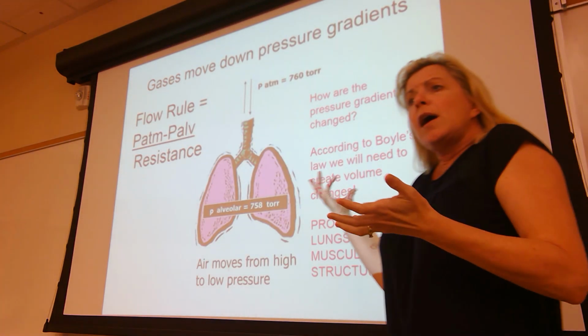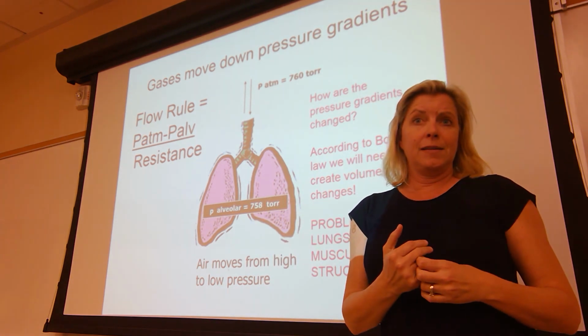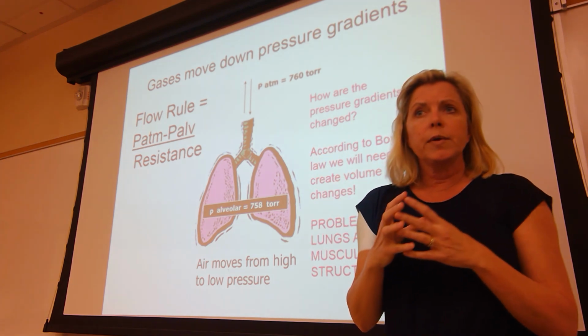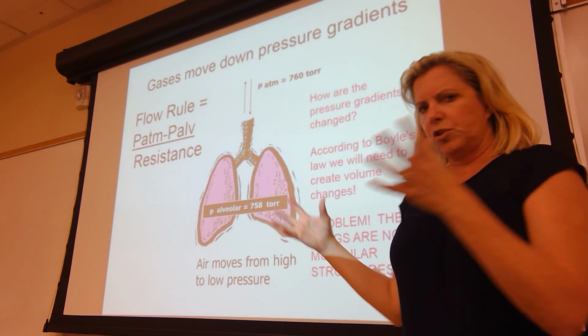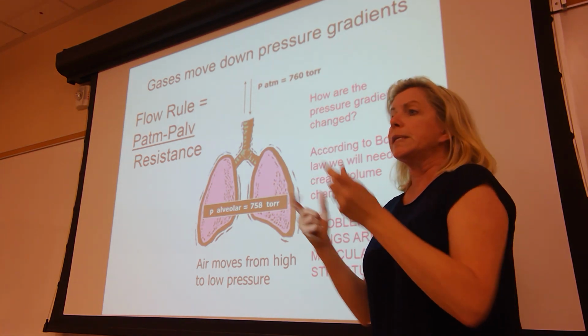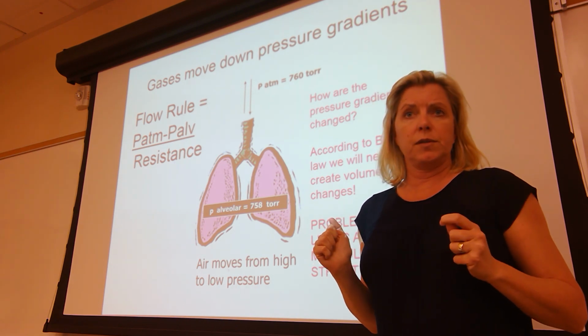So we have Ohm's law from Unit 2 right back. It's actually also from Unit 3. Flow equals, we need some sort of change, a driving force. In this case, it's going to be change in pressure.